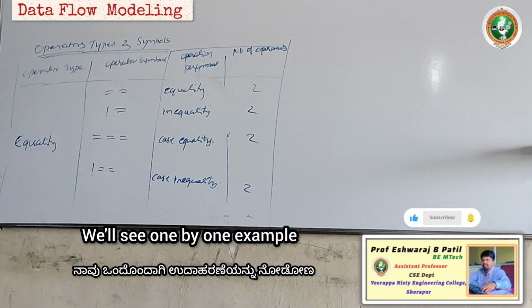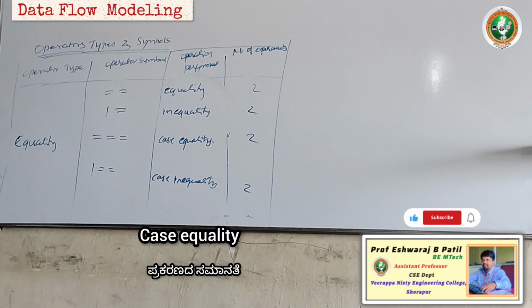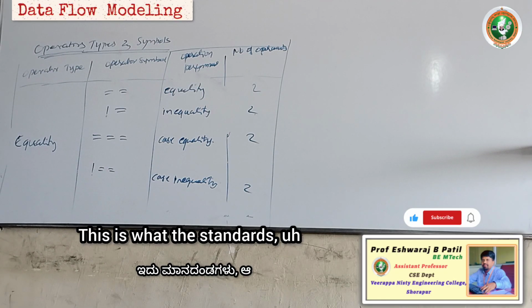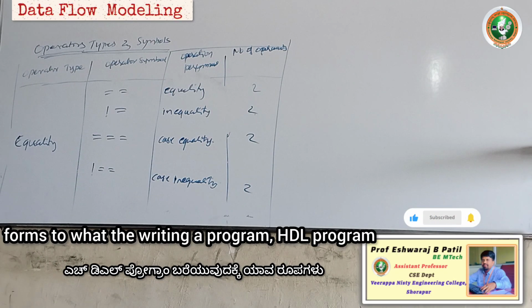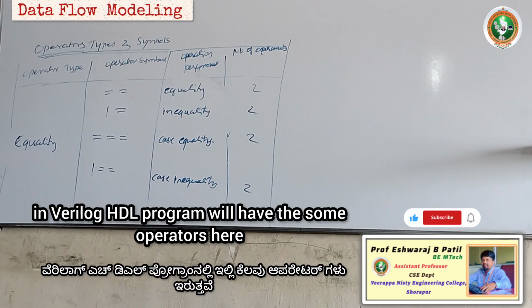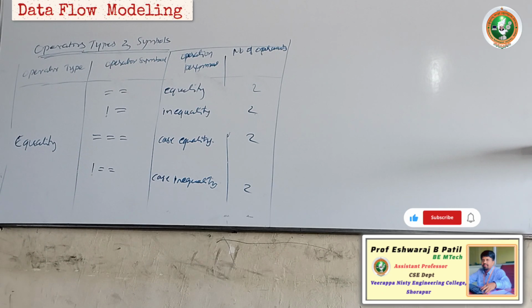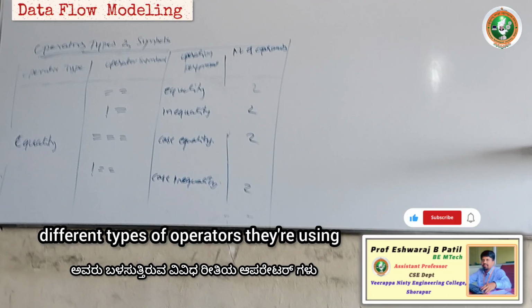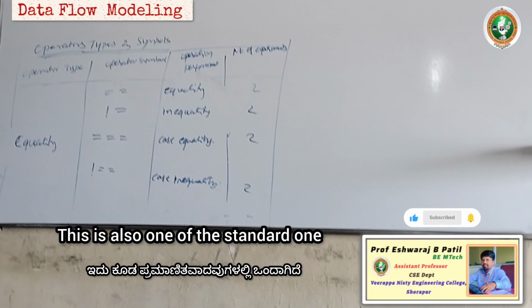We'll see it one by one with examples. I'll explain case equality. These are the standard forms for writing an HDL program. In a Verilog HDL program we will have these operators, just as C, C++ and Java use different types of operators. This is also one of the standard ones.